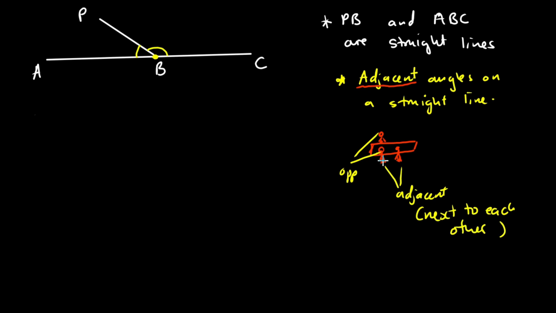So we simply say that if we have two angles that are next to each other on a straight line, remember, adjacent angles on a straight line, they are supplementary.